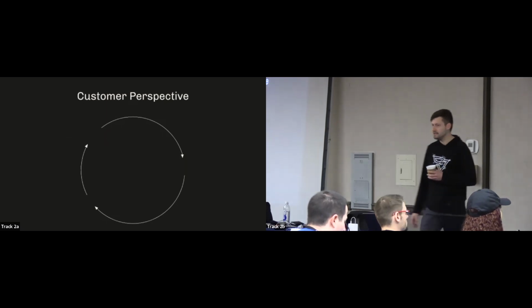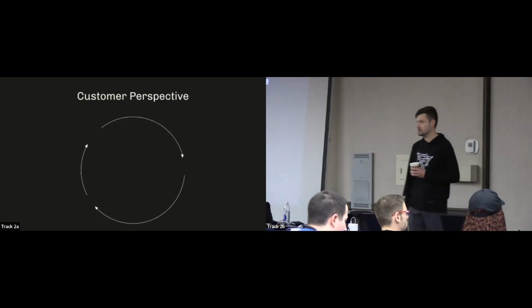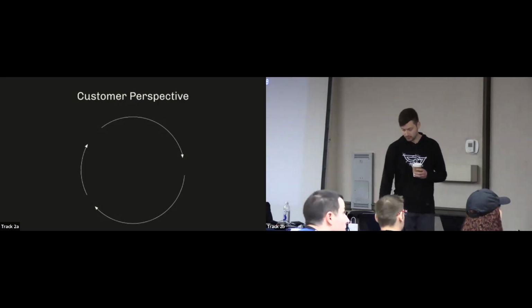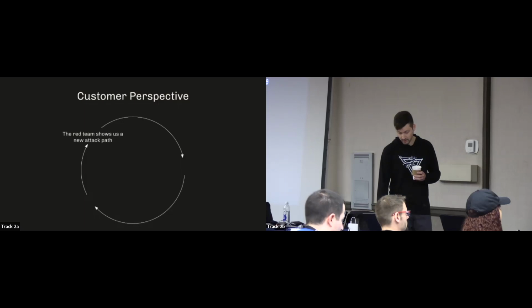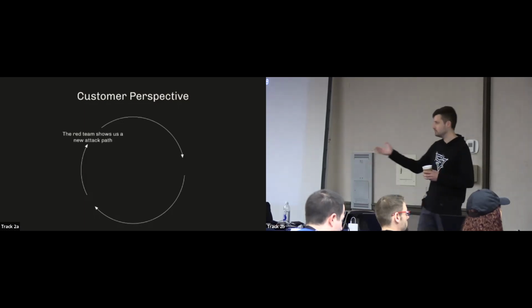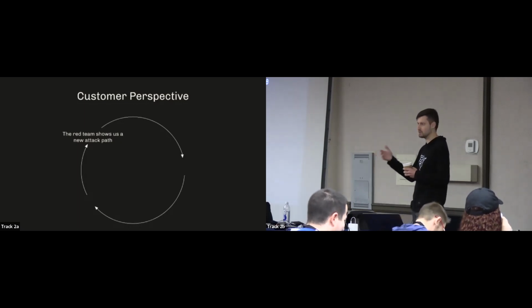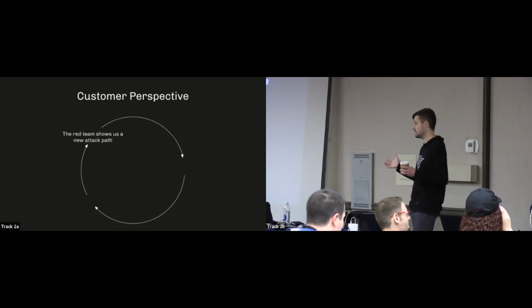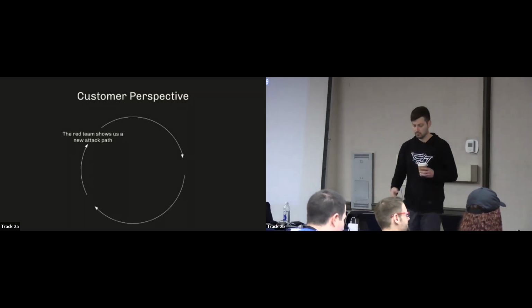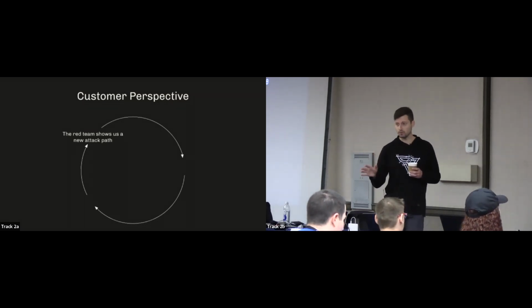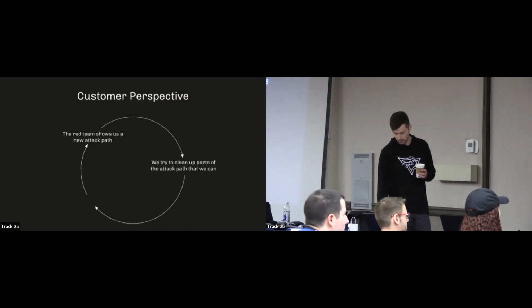But what about from the defensive perspective? I think this is actually a pretty easy thing to project. So the red team, the jerks that we hired to come tell us how much we suck, came in, showed us some new attack path that we had no idea about, through no fault of our own. These are very hard things to find.